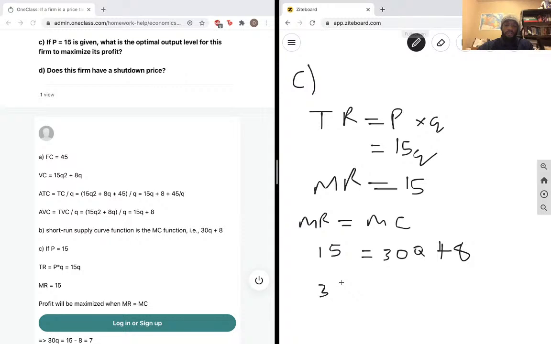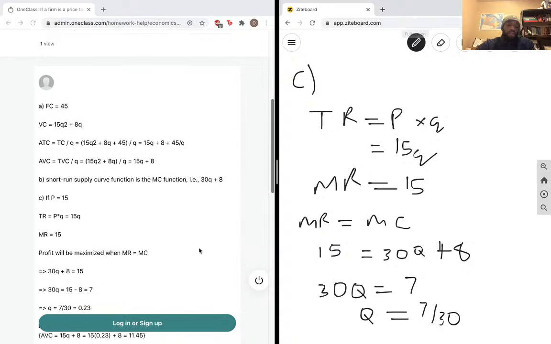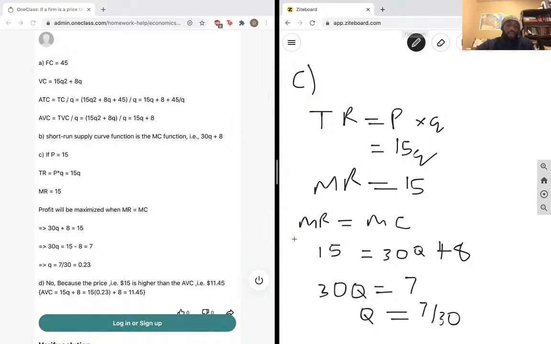And if we solve for Q, Q equals 7/30. Let's see what was said here. 7/30, aka 0.23.